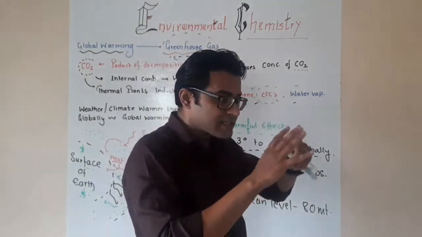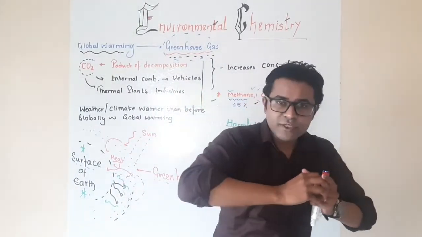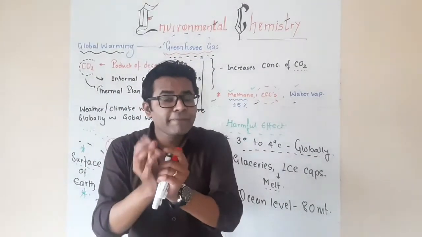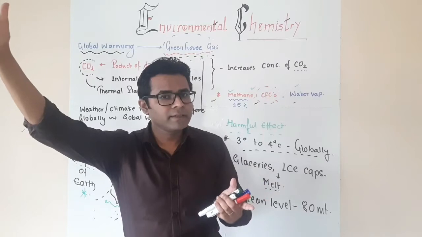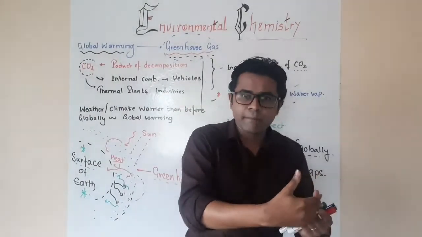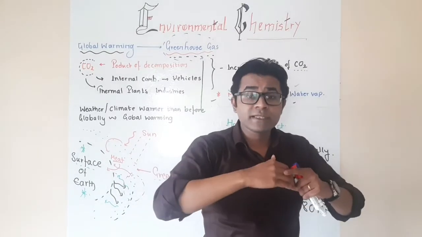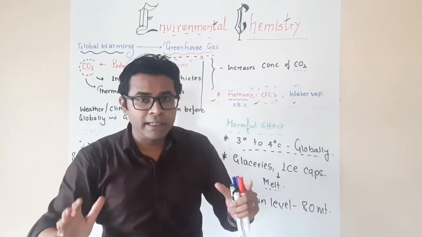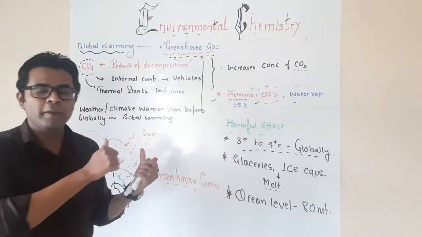As the Earth starts getting heated up, this energy is reflected back, but the cover of gases does not dissipate this energy to outer space. Rather, it reflects back to the surface of Earth, due to which there is an increase in temperature. This increase in temperature globally, we call global warming.